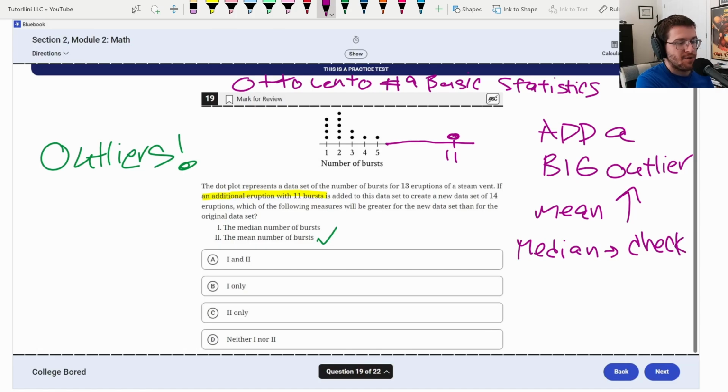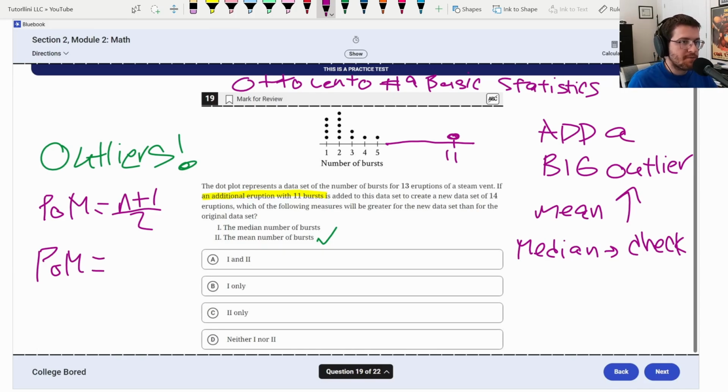I also go over this in that same video and in my shorts, how to find the median from a chart. So we're going to do the position of the median is equal to n plus 1 over 2. The old data set has 13 eruptions. So we're going to do 13 plus 1 over 2.